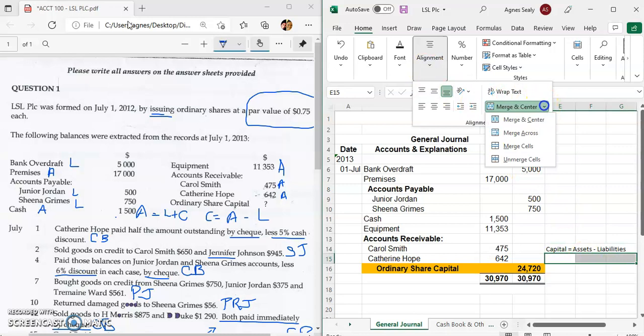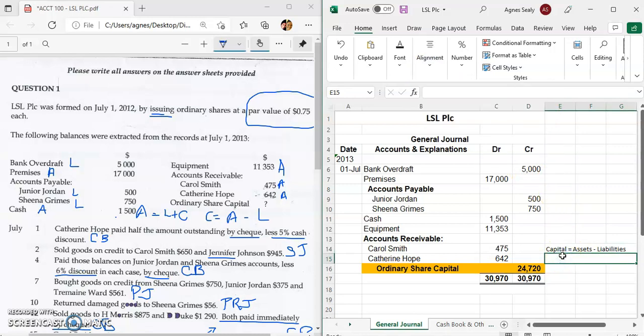Capital will be equal to 30,970 minus 6,250, which gives us $24,720.